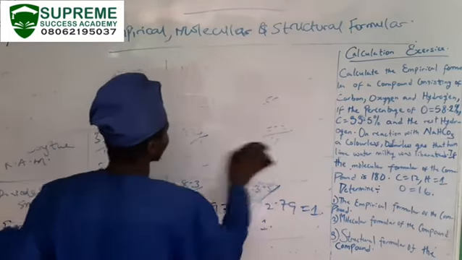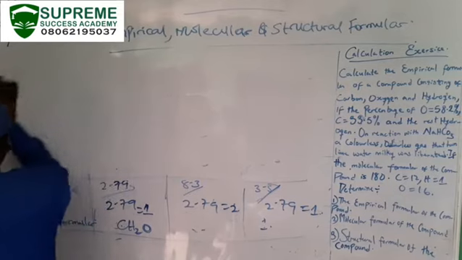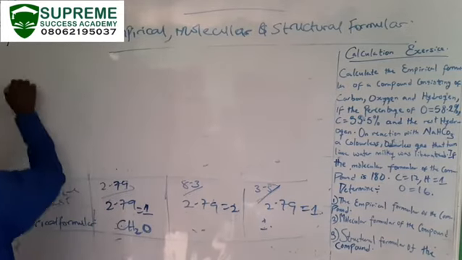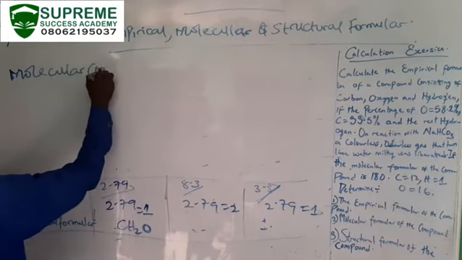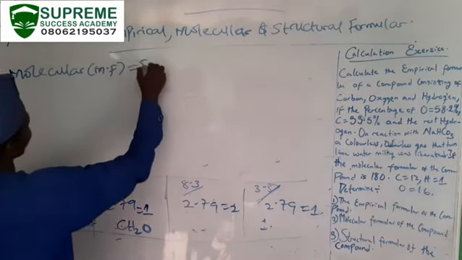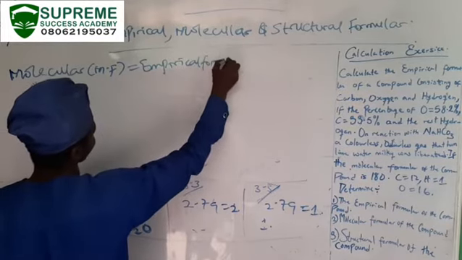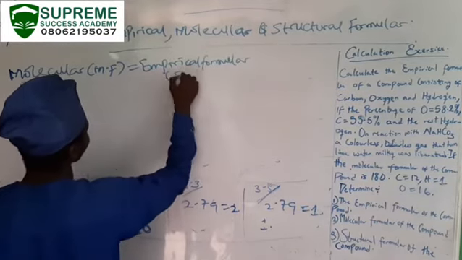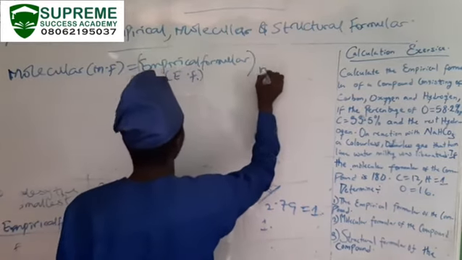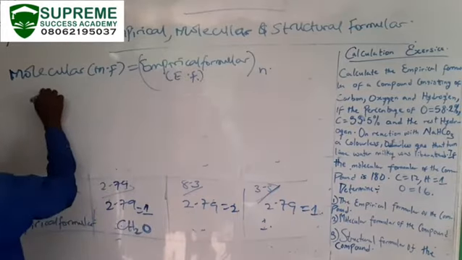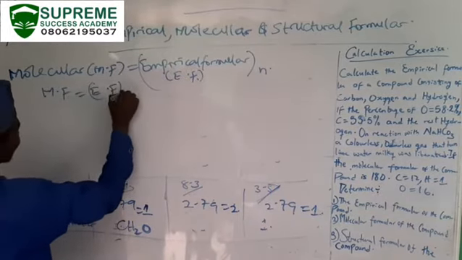Now there is a relationship between the molecular formula and the empirical formula. What is the relationship? Molecular formula, designated MF, is equal to empirical formula, that's EF, into brackets N. So you can simply say MF is equal to (EF)N.